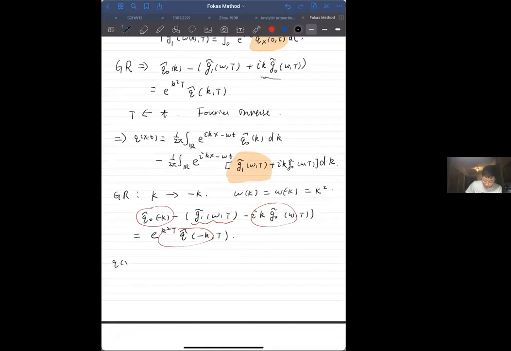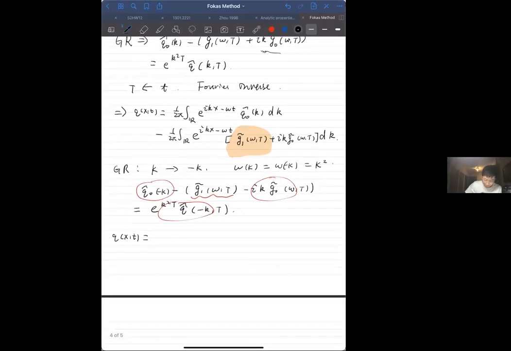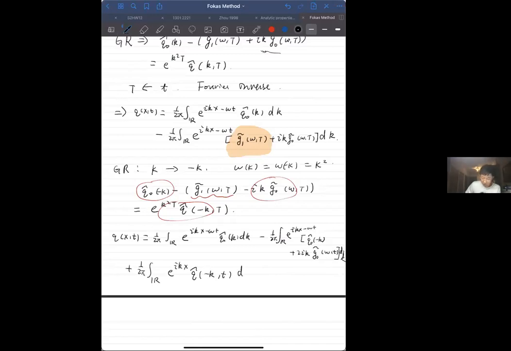So our solution will become 1 over 2 pi the integral of e to the ikx minus omega t q naught hat k dk, minus the integral of e to the ikx minus omega t times q naught hat minus k plus 2ik g0 tilde omega t dk, and plus something else with q hat minus k t dk.